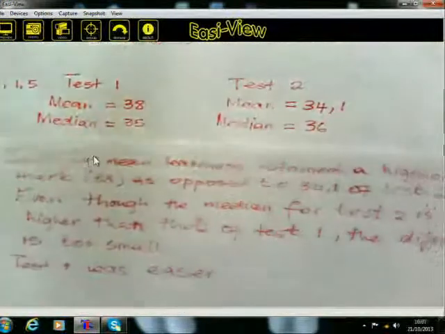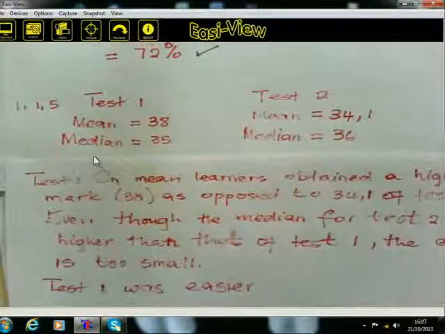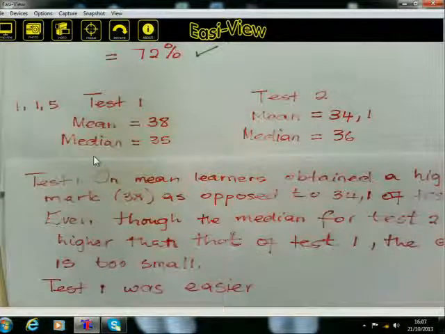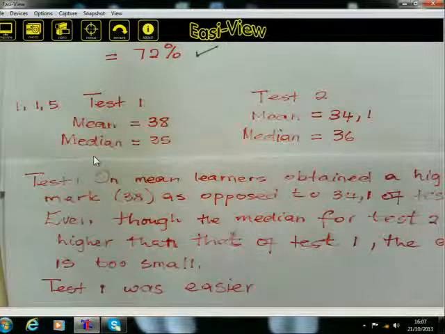So let us check. Test 1, your mean was 38, median was 35. Then test 2, your mean was 34,1 and median was 36.